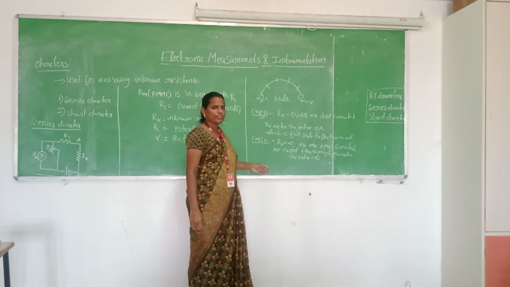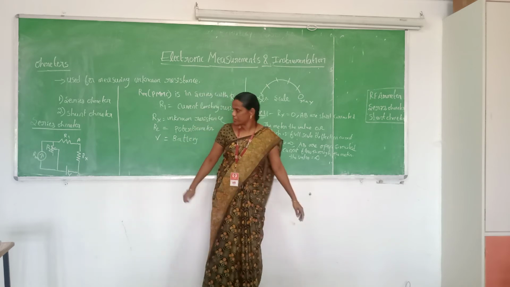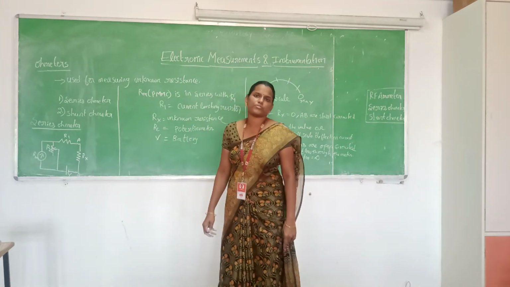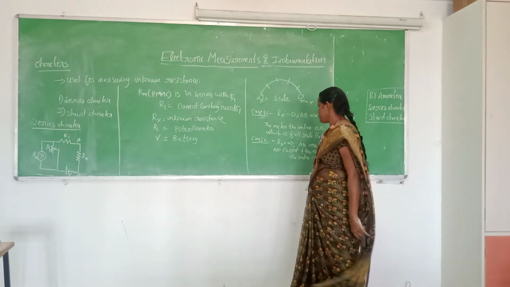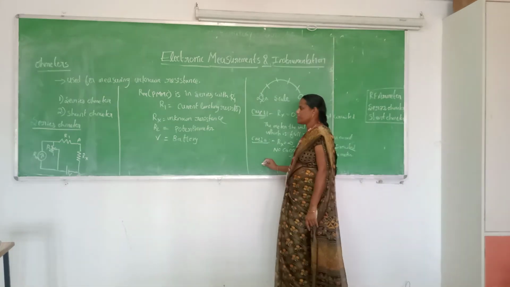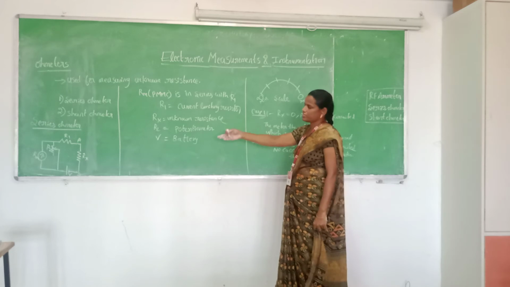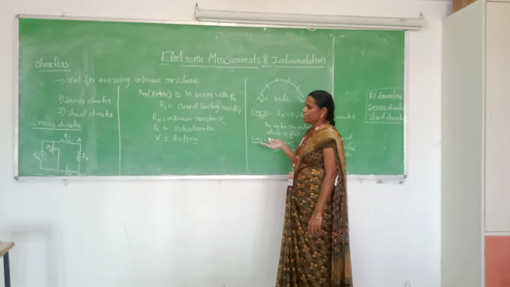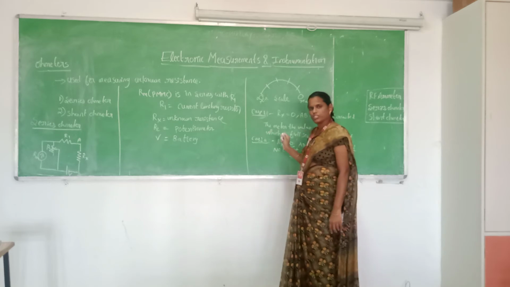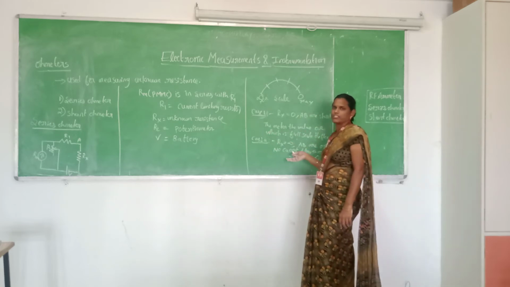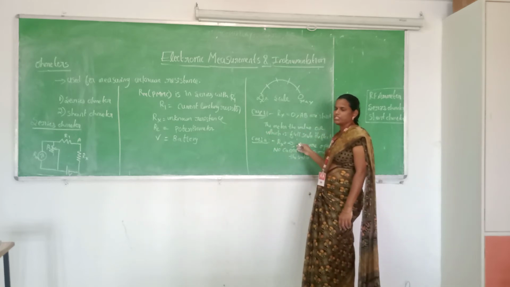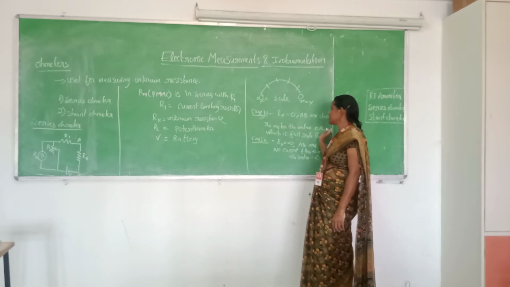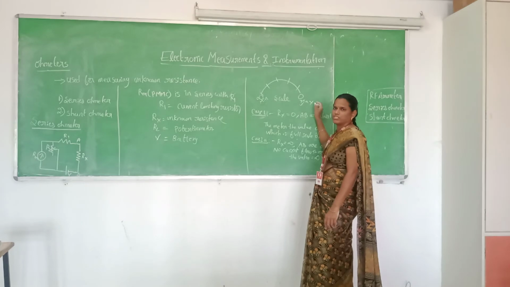Even though this series ohmmeter is used to measure the unknown resistance of a circuit, there is one disadvantage. The disadvantage is the battery used inside the series ohmmeter. Due to aging of the battery, there will be a voltage drop, so the meter may not show the maximum deflection, that is 0 ohms.